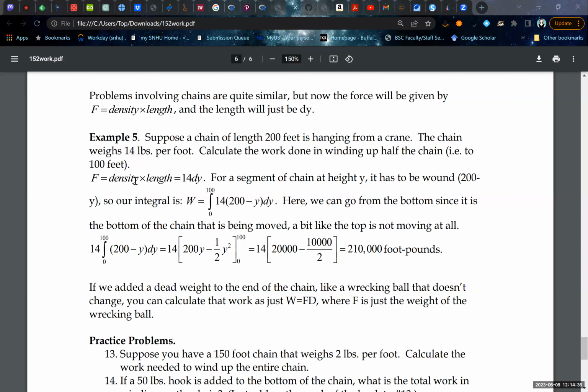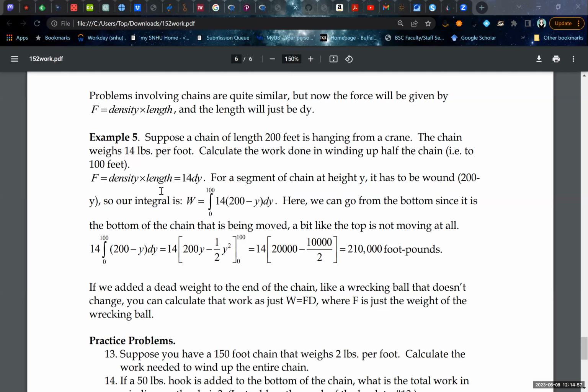And so the density is the 14 pounds per foot. The fact that it's per something is telling us that that's the density. And then the length here, we're going to calculate dy.